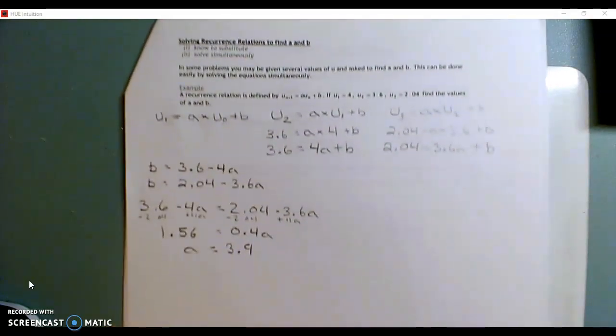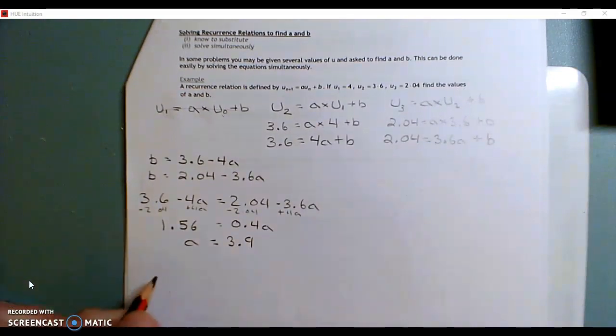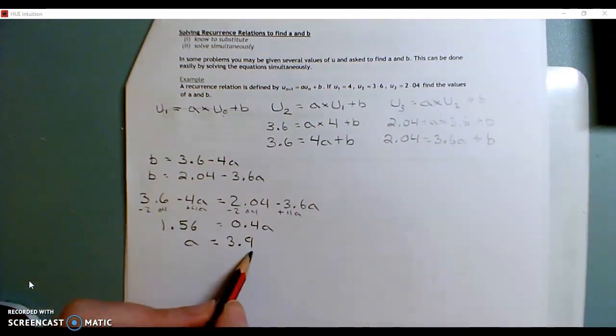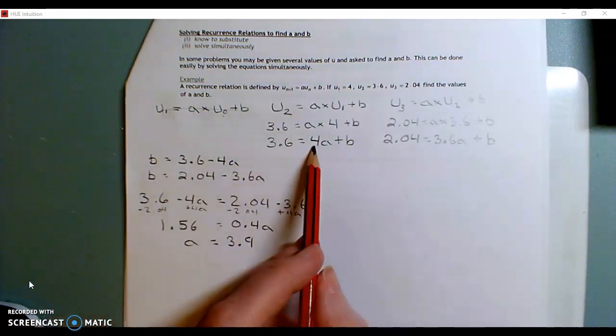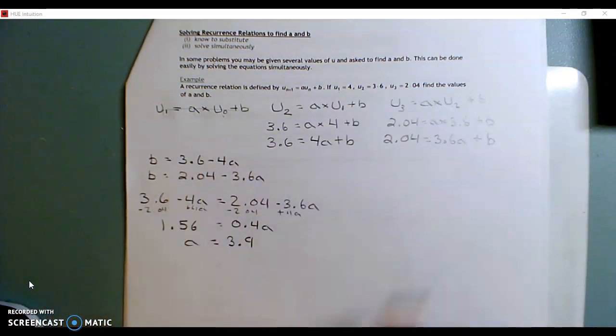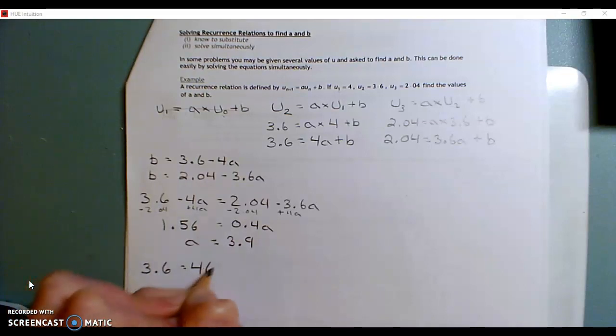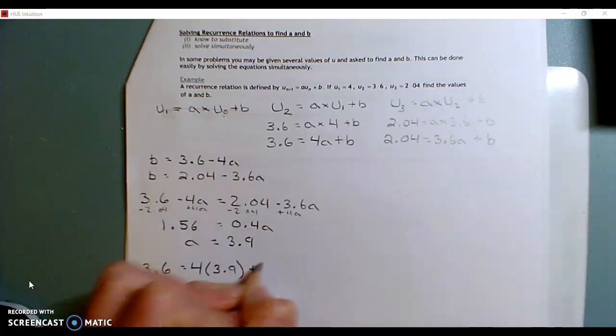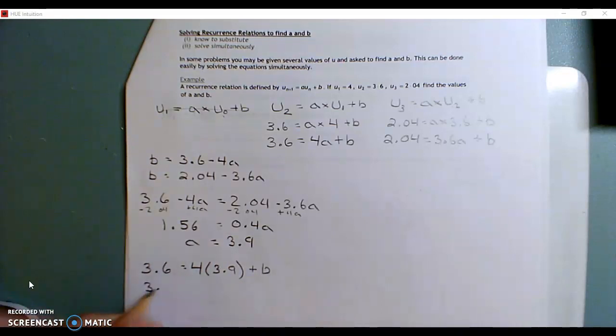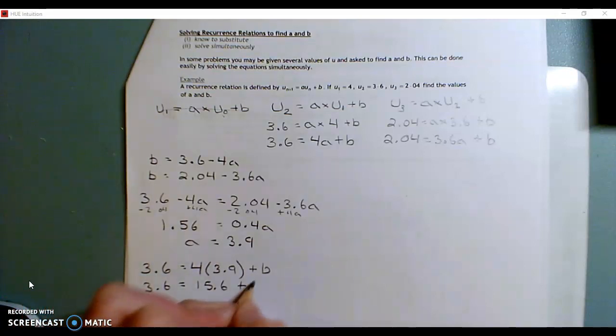Now that I have A as 3.9, I can substitute my value of A into one of these equations, since they're all the same equation rearranged. Here I'll take 3.6 = 4A + B. I'm going to replace A with 3.9. 4 times 3.9 gives me 15.6, plus B. Subtract 15.6 from each side, and I will get B to equal negative 12.